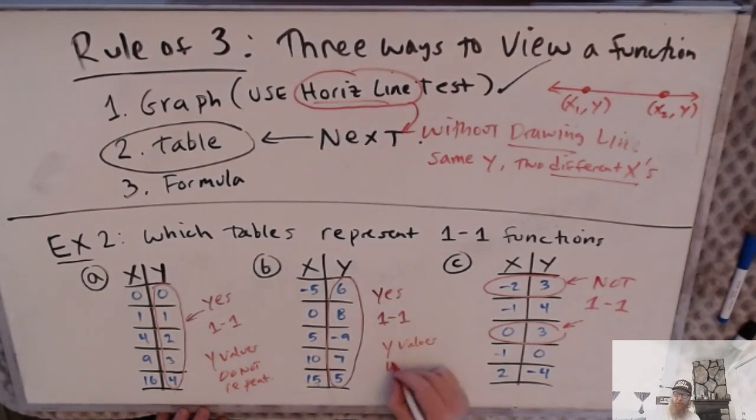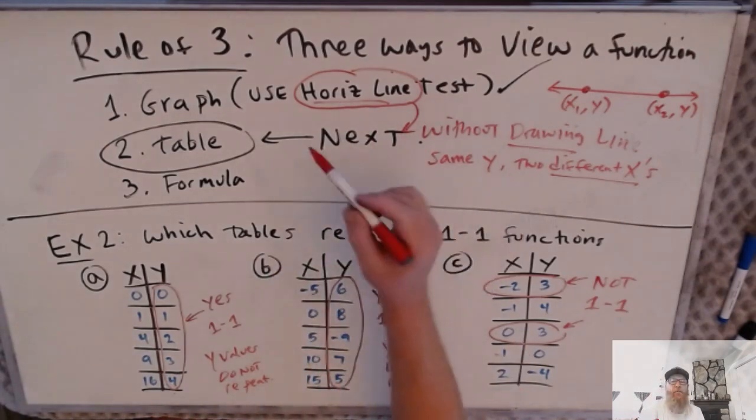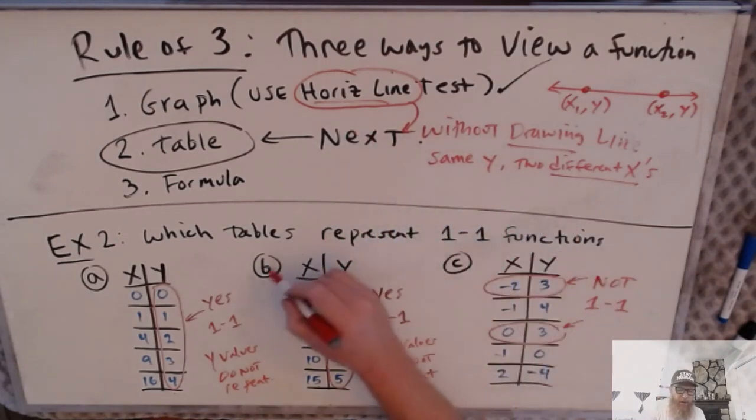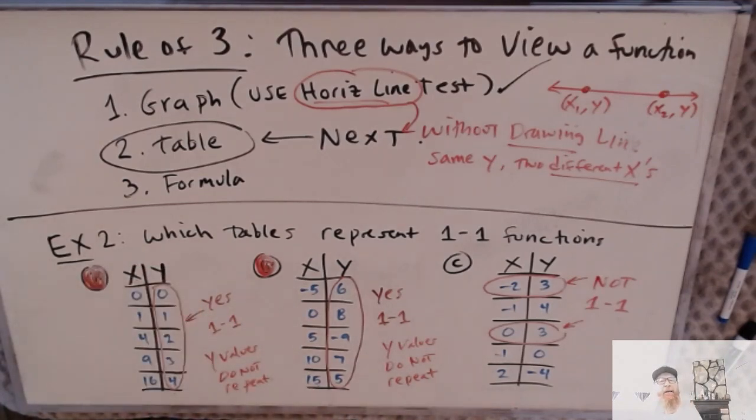That's an easy way to inspect your tables. So we have a yes, we have a yes, and we have a no. This is not one-to-one. So I guess it says which tables are one-to-one. So I would say B is one-to-one and A is one-to-one. There can be more than one answer. Okay.